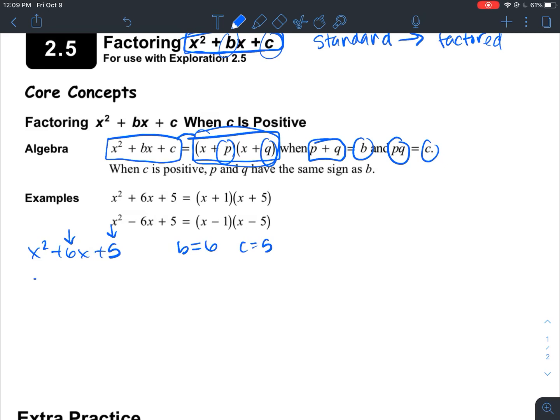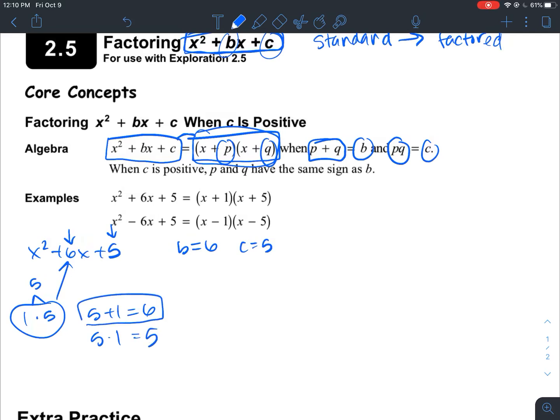So if we take 5, what we want to do is find numbers that multiply to be 5. Okay, so that would be 1 and 5. 1 times 5 multiply to be 5, right? These two numbers also have to add to be 6. And they do in this case. So 5 plus 1 is equal to 6. 5 times 1 is equal to 5. So note here that these two numbers add to be 6 and multiply to be 5.